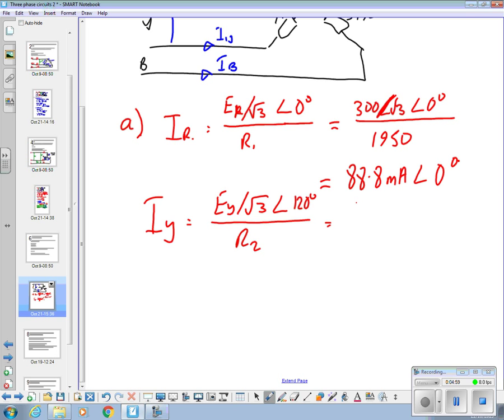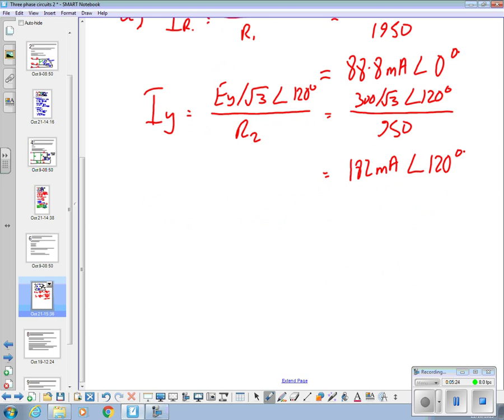That's 300 over root 3, angle 120 degrees, over 950, equals 182 milliamps, angle 120 degrees.